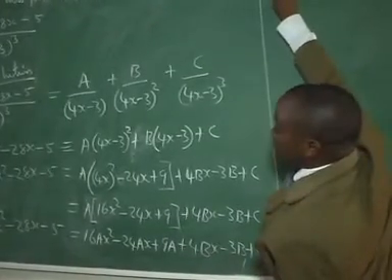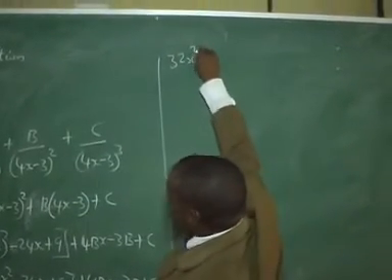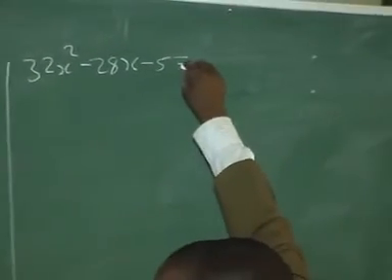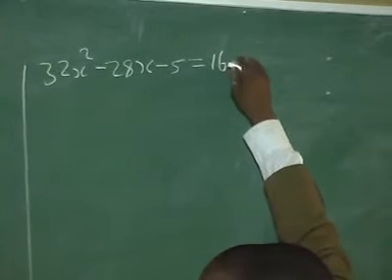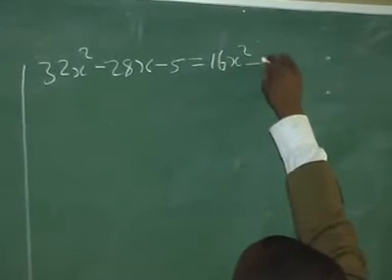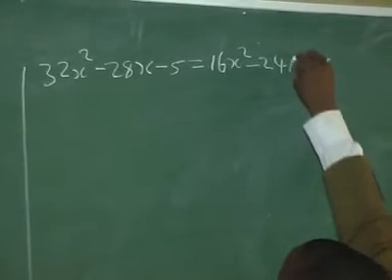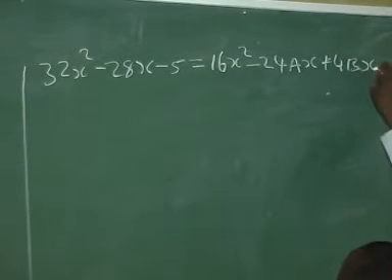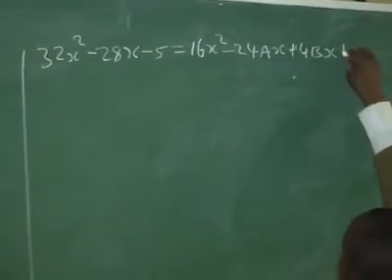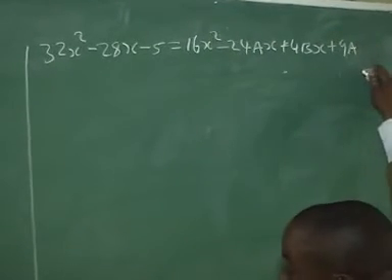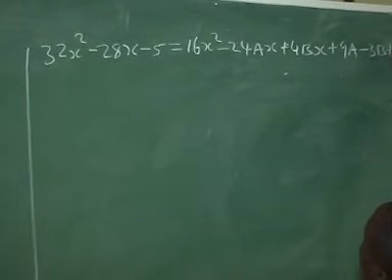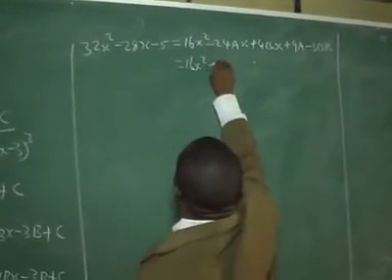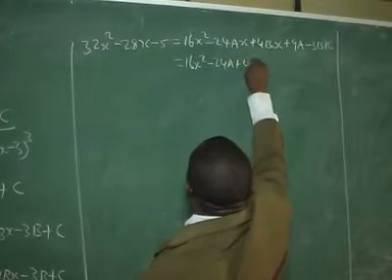We see that 32x squared minus 28x minus 5 will be the same as 16ax squared minus 24ax plus 4bx plus 9a minus 3b plus c.